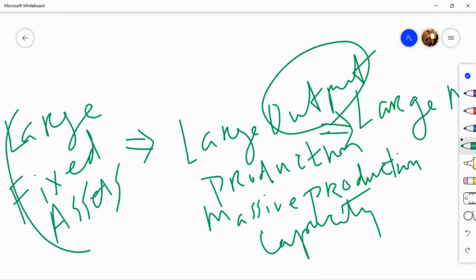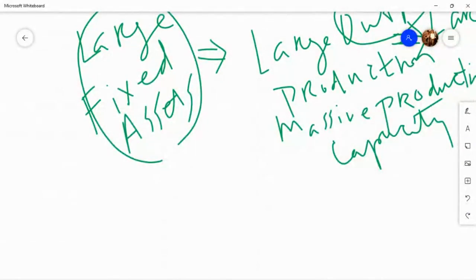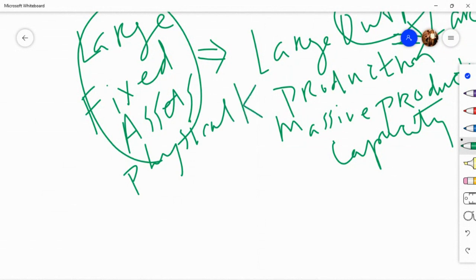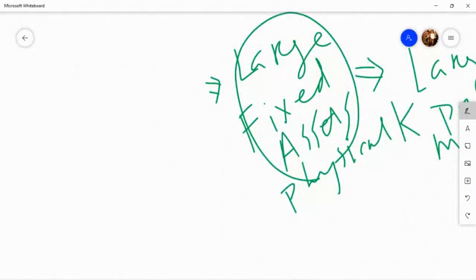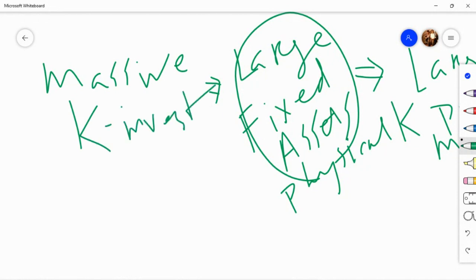Large fixed assets, in other words, that means large physical capital, which is basically a massive capital investment. It comes only from massive capital investment. Isn't that right?